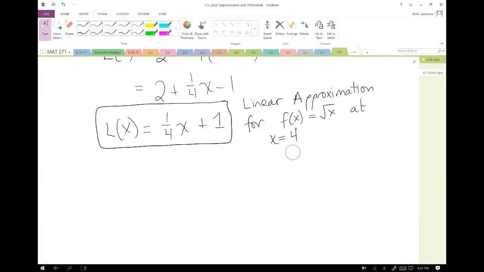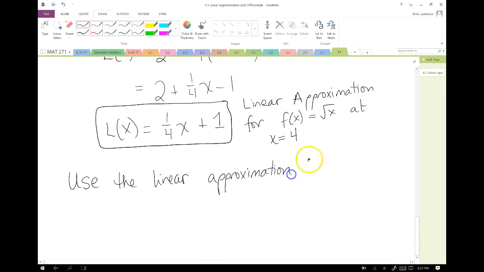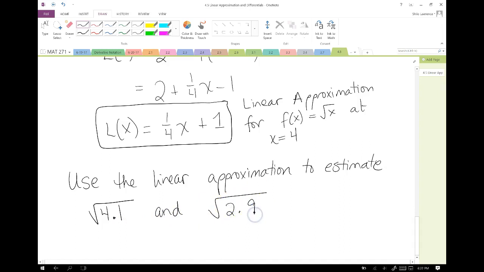So if we wanted to use our line to estimate, let's say, the square root of 4.1 and the square root of 2.9. So 2 examples.